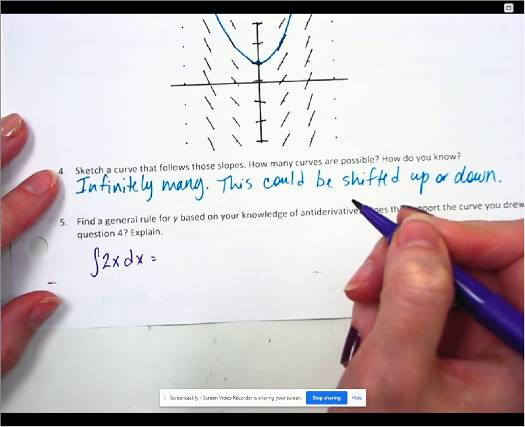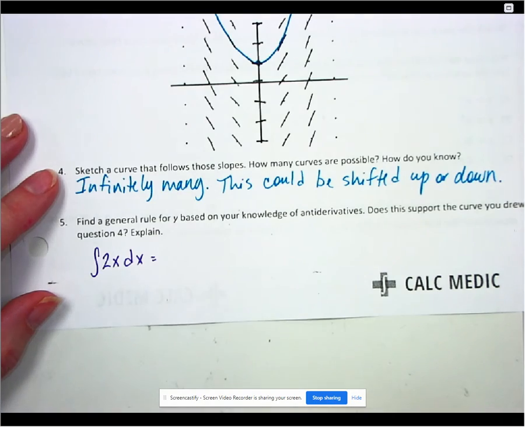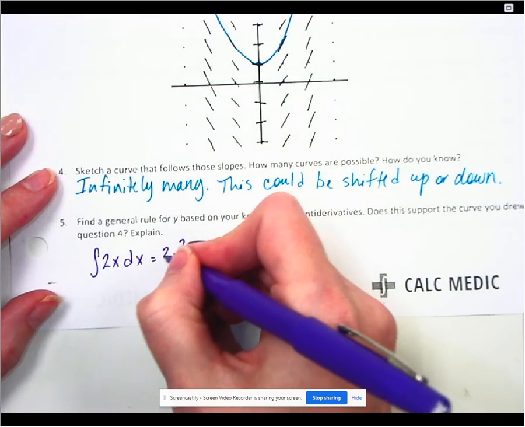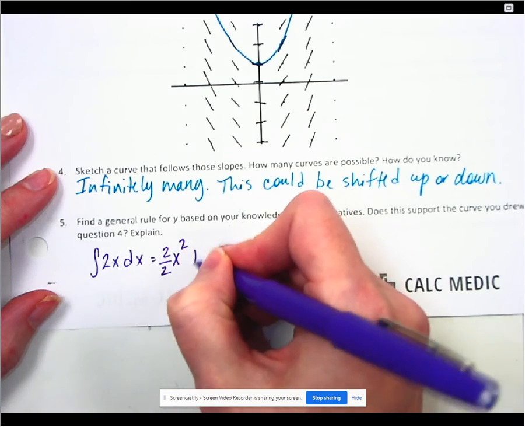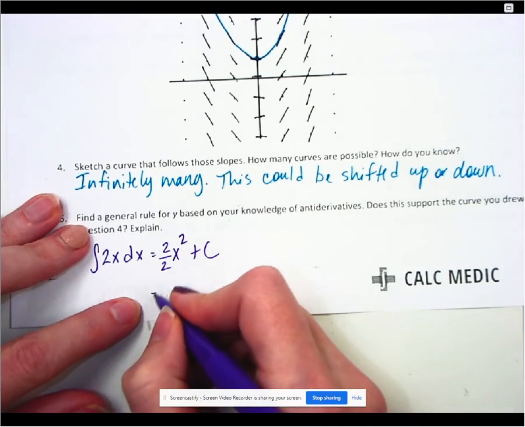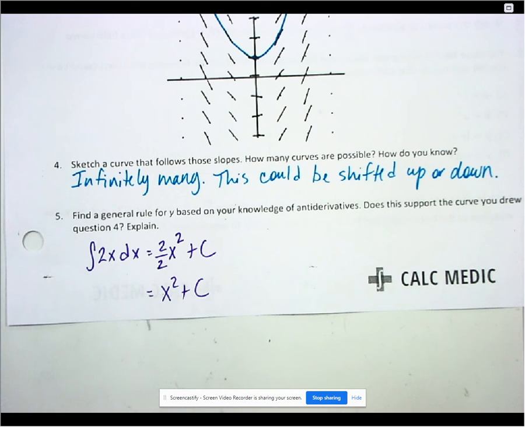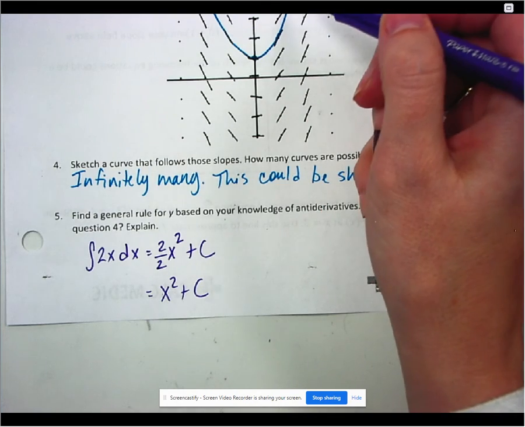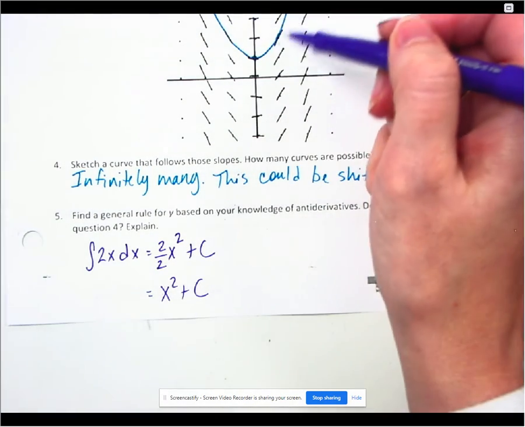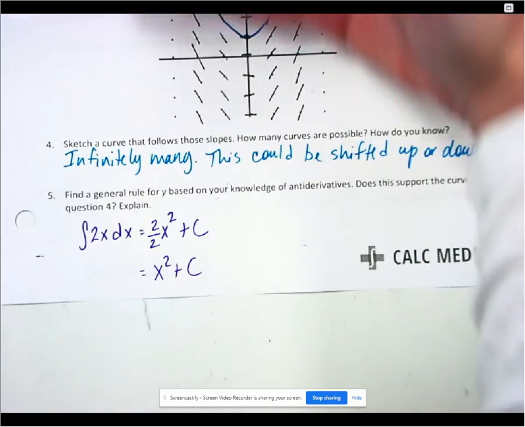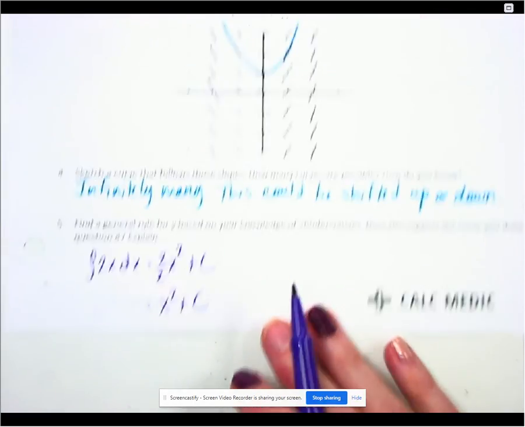So I'm going to add 1 to the exponent and get 2. And then when I divide by my new exponent, I just end up with x squared plus c. All right. And it does match that. I didn't draw it perfectly, but that does kind of look like a parabola graph. And then the plus c takes into account all the different shifts you can do up or down.